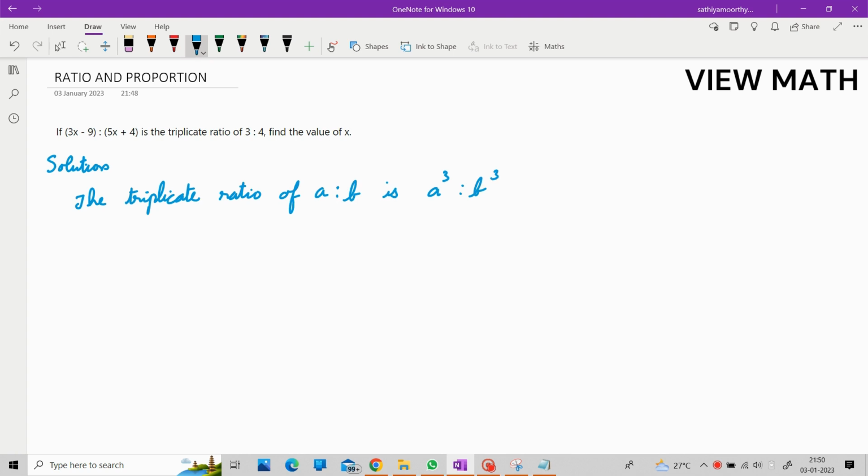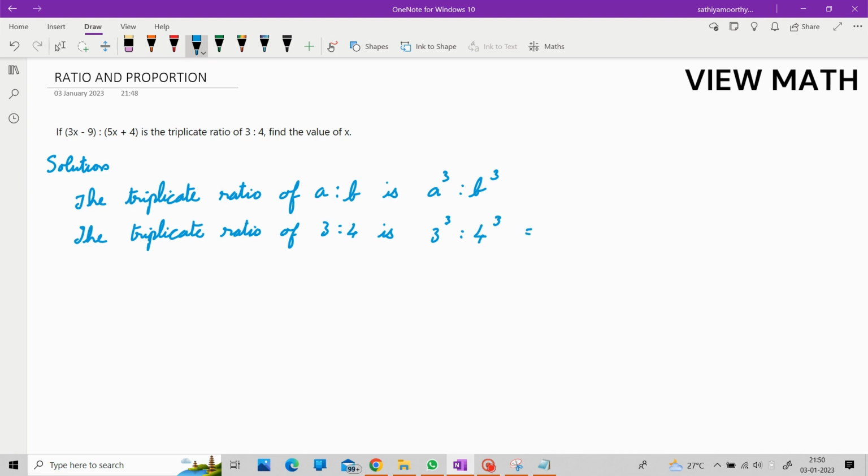So in this problem what they have given, the triplicate ratio of 3 : 4. So the triplicate ratio of 3 : 4 is 3 cube : 4 cube.